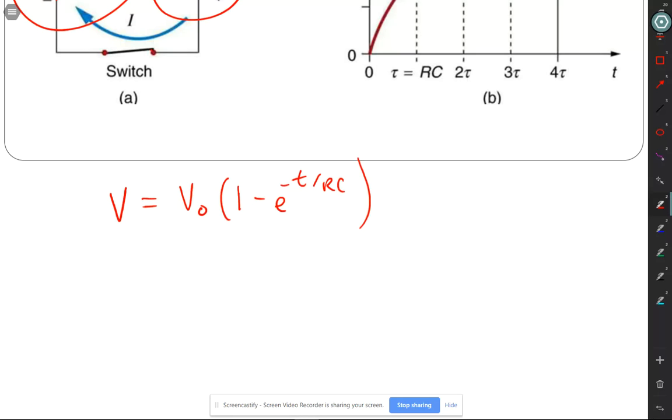But the voltage across the capacitor is the peak voltage, using the terminology of this circuit, I'll put the EMF, times 1 minus e to the minus t over RC. So it has an exponential term here. And notice e to the 0 is 1. So at time equals 0, it's going to be 1 minus 1 in parentheses, 0 voltage.